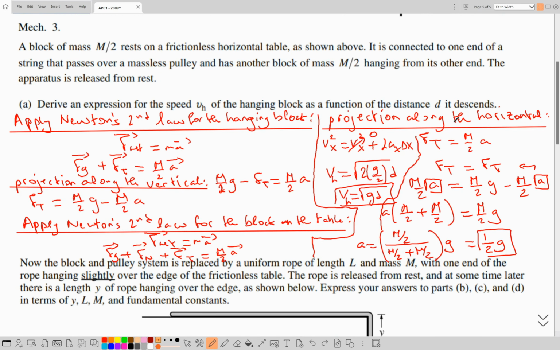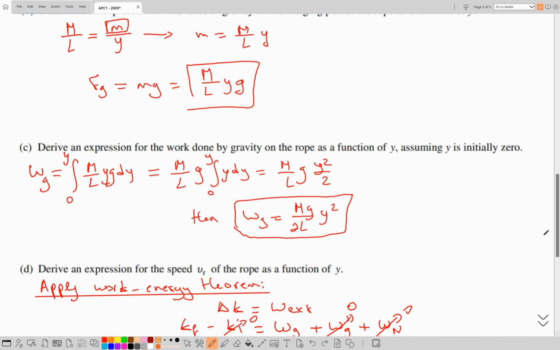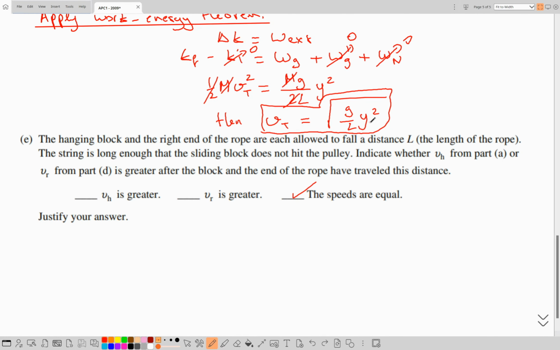In part A, the speed was given by radical gd. Now here, our speed is given as a function of y. So it cannot be a constant unless we determine the fallen distance y by the rope. And they're telling us each is allowed to fall a distance y. So let's replace y with L in Vt. So Vt, which is a function of y, if we replace the value with L, would be given by the square root of g over L multiplied by L square, and that would be the radical of gL.